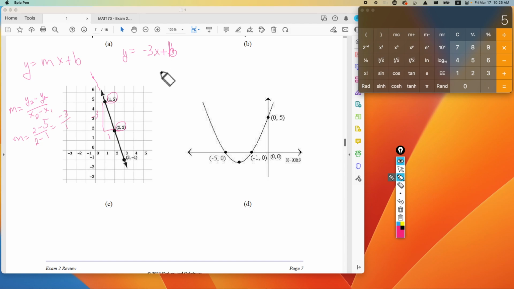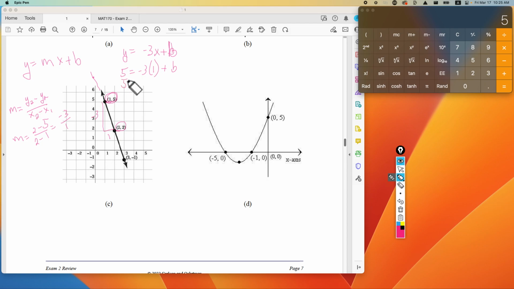Now to figure out what b is, it'd be nice if we knew x and y, and we actually do. Any of these, we could take any of these 3 points. I'm going to go ahead and stick with this one, 1 and 5, because that makes it nice. If I plug in 1 for x and 5 for y, notice all that's left, the unknown, is b, so I'll be able to solve.